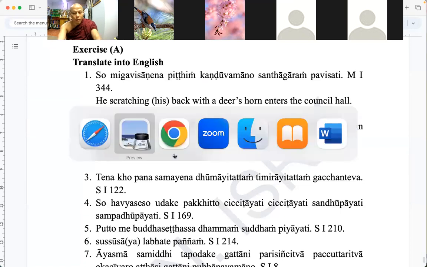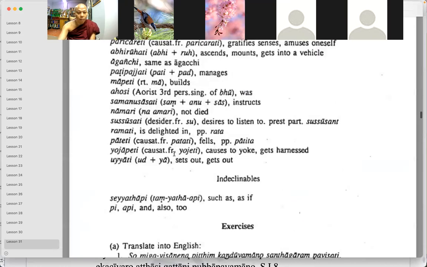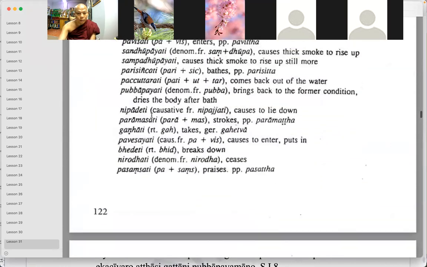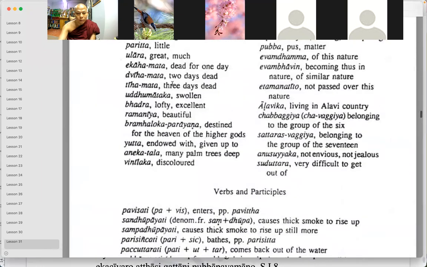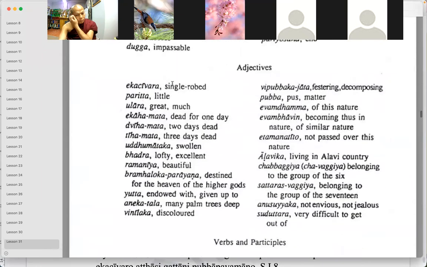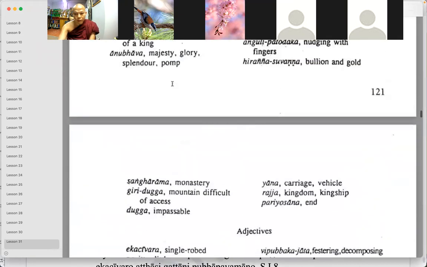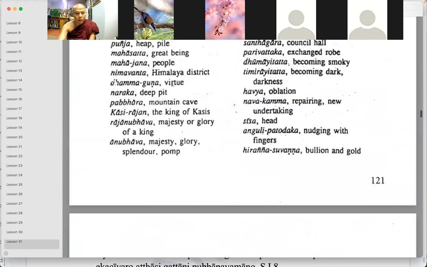In the list of vocabulary also we have this already. Pariyudaka is an adjective, maybe neuter now.